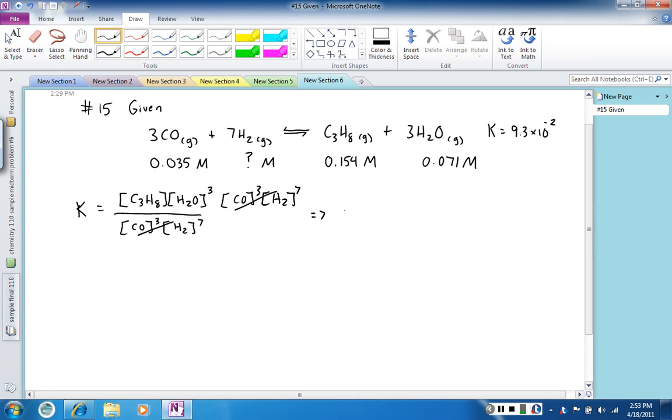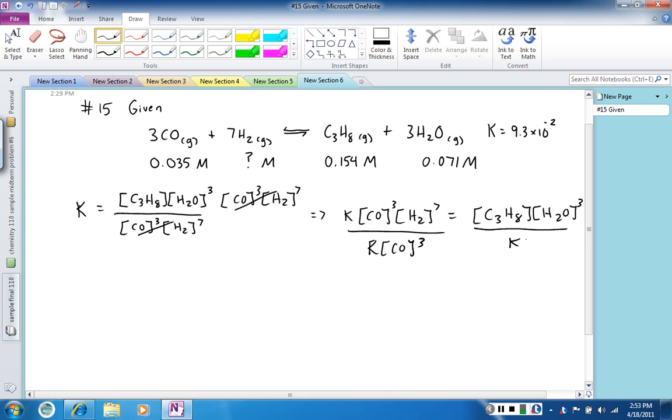So that will give us K times CO cubed times H2 to the 7th equals concentration of C3H8 times H2O cubed. We're going to divide both sides by K times CO cubed. So now these guys cancel.